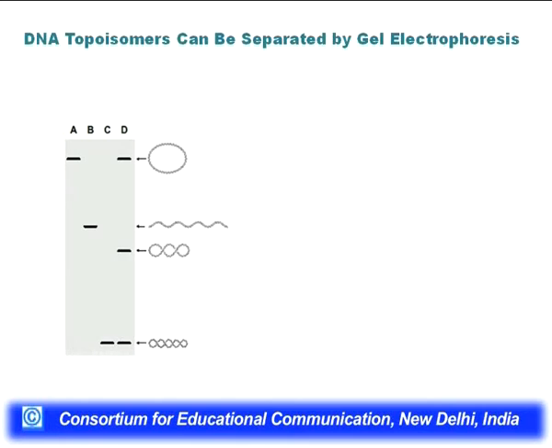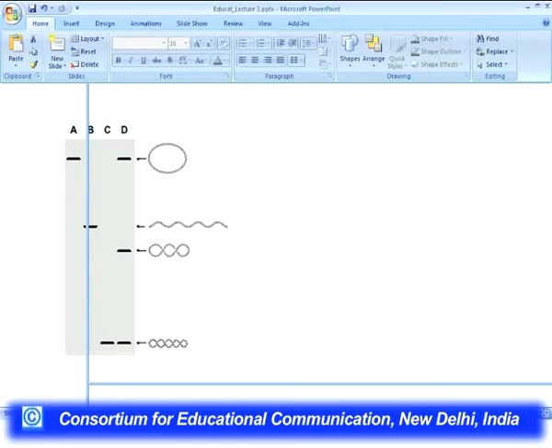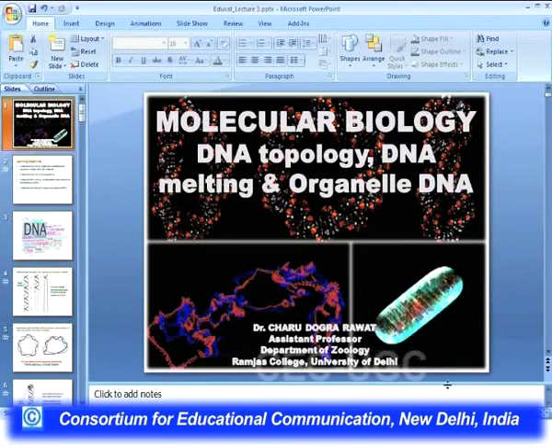Supercoiled DNA is smaller than a less supercoiled DNA molecule, so it will run far ahead in the gel electrophoresis, while the relaxed DNA molecule will come a little later. So even if the weight, base pairs and length are the same, they can be separated in this manner.